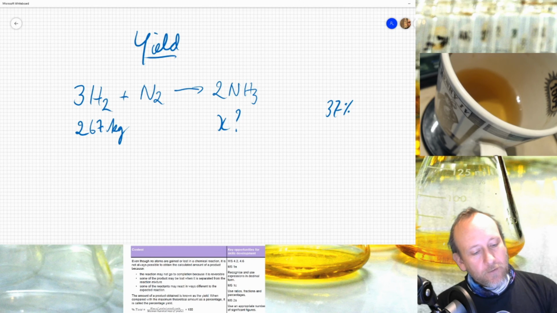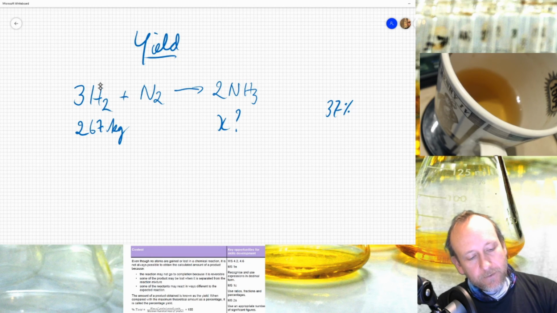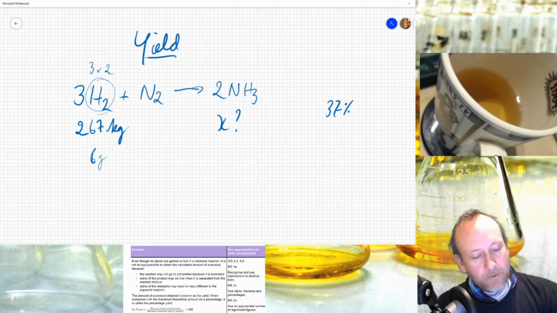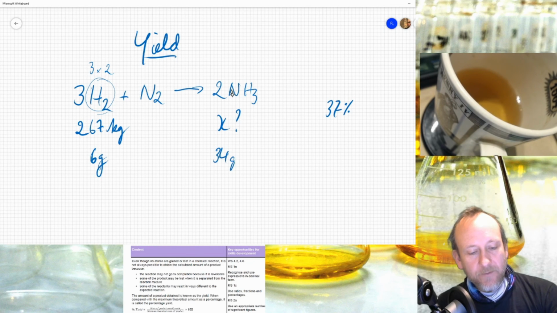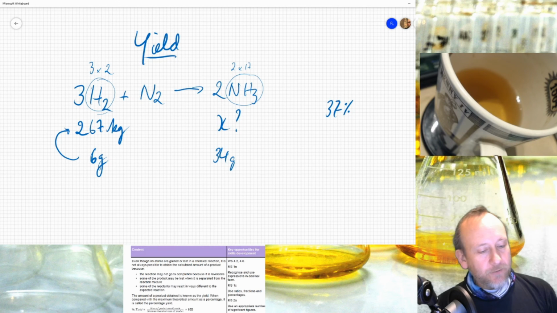Okay, so again, you do the same thing as before. Hydrogen has a mass of 2, and you've got 3 of them there. So that's for 6 grams, you would get 34 grams of the ammonia. And so all you need to do is you need to be able to say, okay, how do I get from 6 to 267?